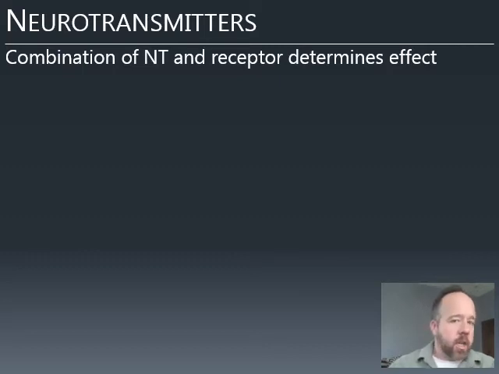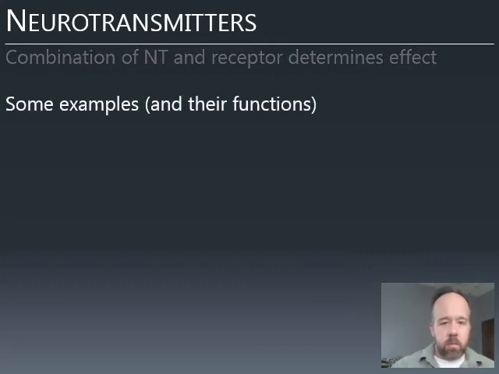And a given synapse will really be involved in just one kind of neurotransmitter, which means the presynaptic neuron only makes one kind of neurotransmitter. You don't have a bunch of these different chemicals going out at once. But what are neurotransmitters? Well, they're chemicals, and based on their chemical structure, they have different names, and they have different functions in the nervous system.